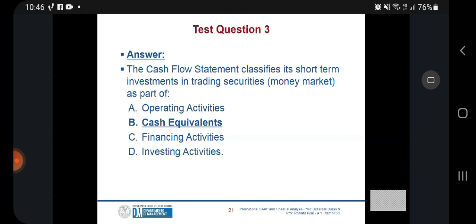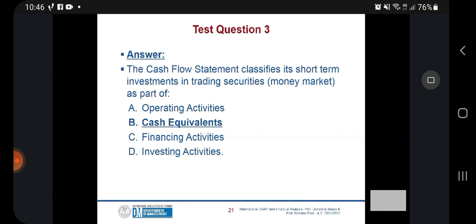The primary reason is that I have some free money for 1 week, for 1 month, and I want to put it in the market, not just to leave it idle. So the primary reason for investing in trading securities is not to receive interest and dividends, it's just to use the free money that I have. So free money, cash equivalents. The primary reason or the purpose is what makes the distinction.